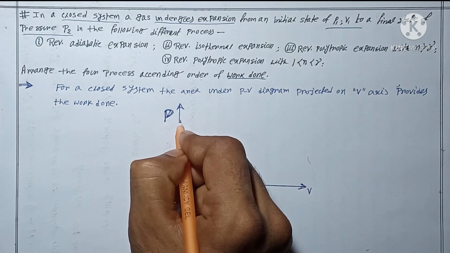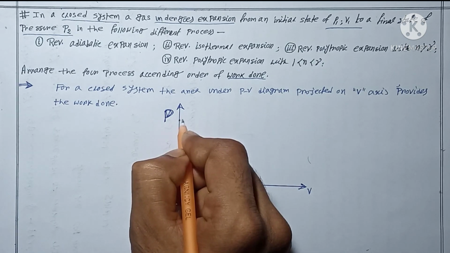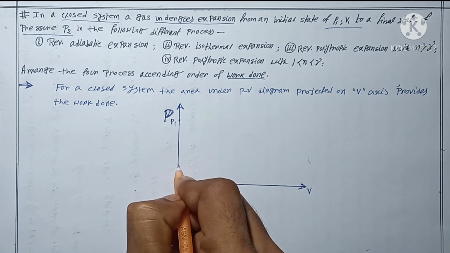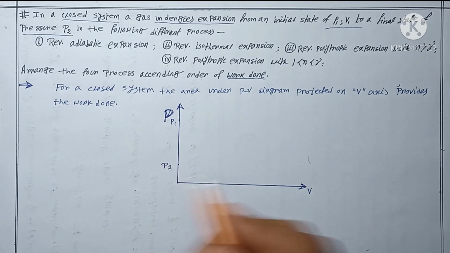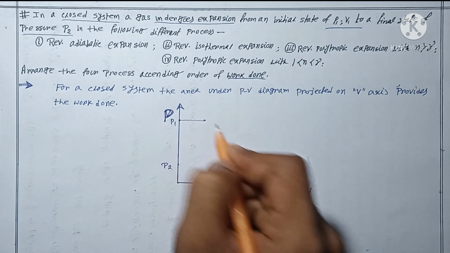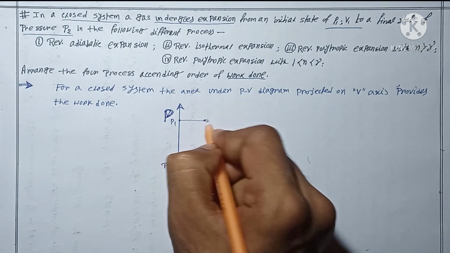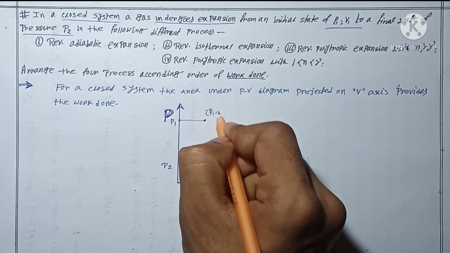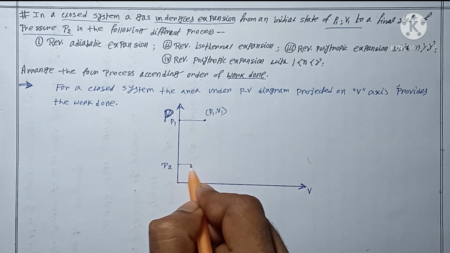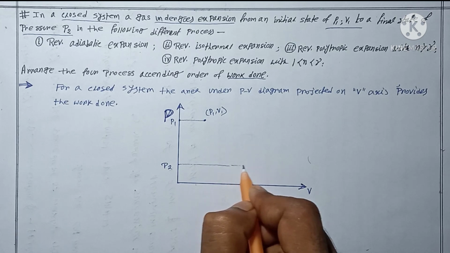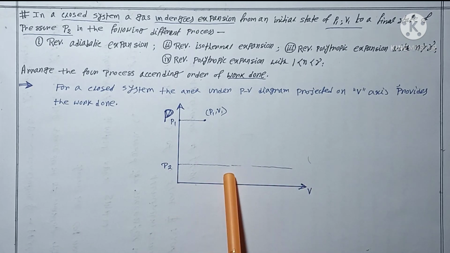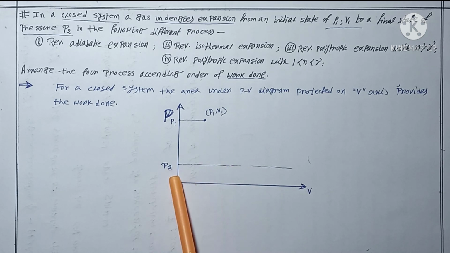Let me assume here the pressure P1 and here the pressure P2. I am considering this as state 1 with pressure P1 and volume V1, and this line represents the pressure P2. This is nothing but your state 2 pressure.